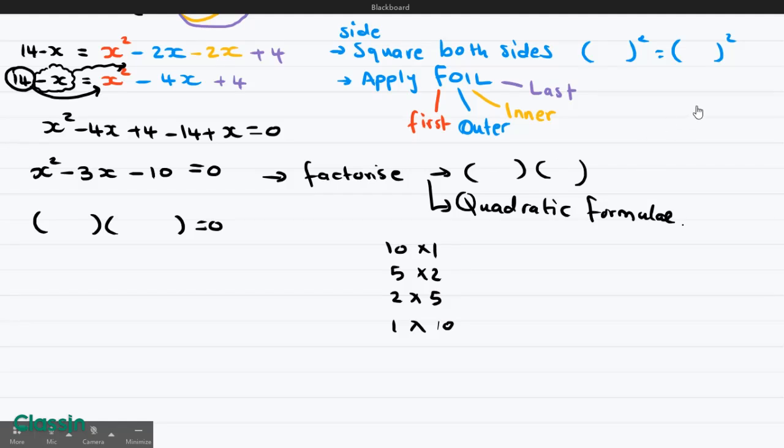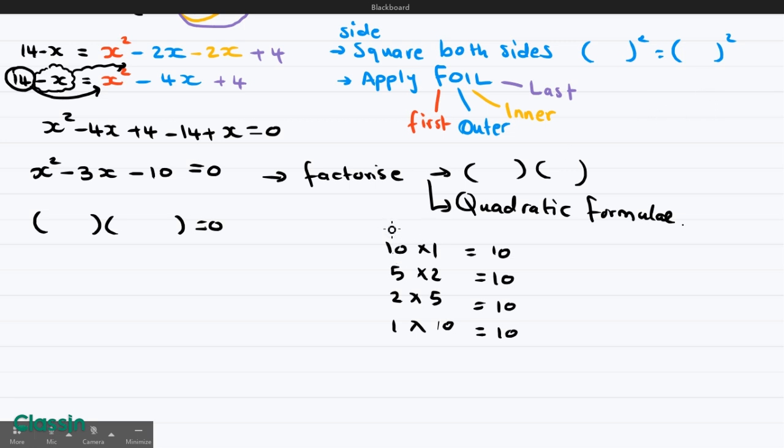Now, firstly, let's apply the multiplication. This one multiplied by this is 10. This is also 10. This is also 10. This is also 10. But now my 10 must be negative.